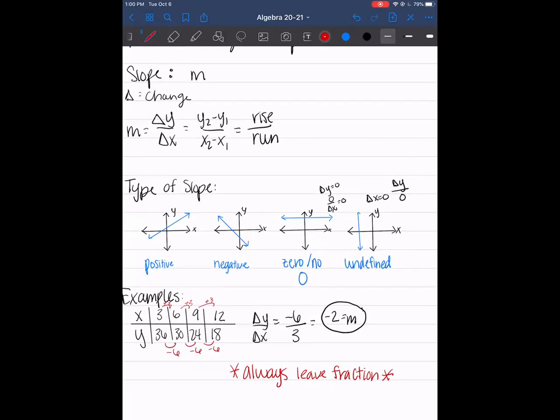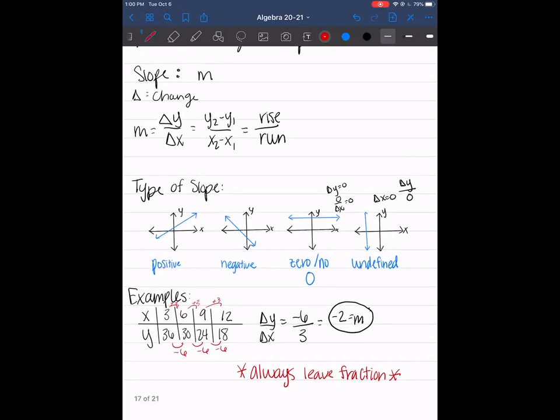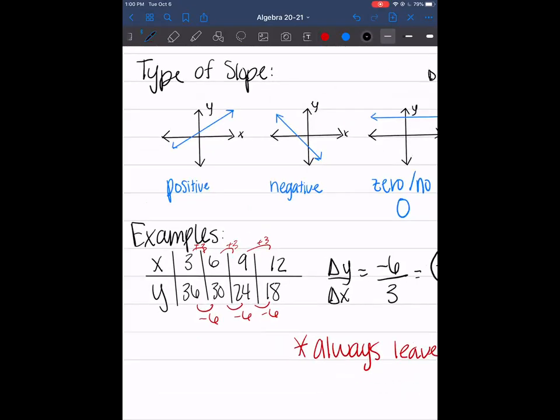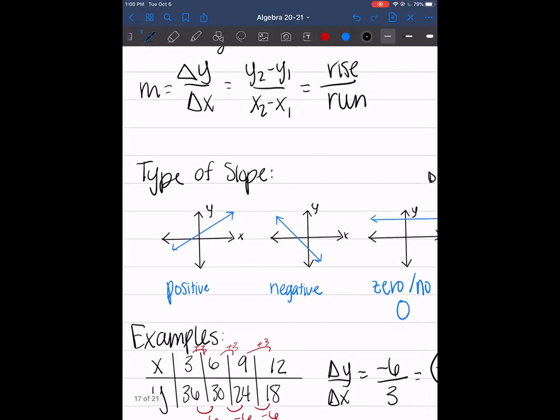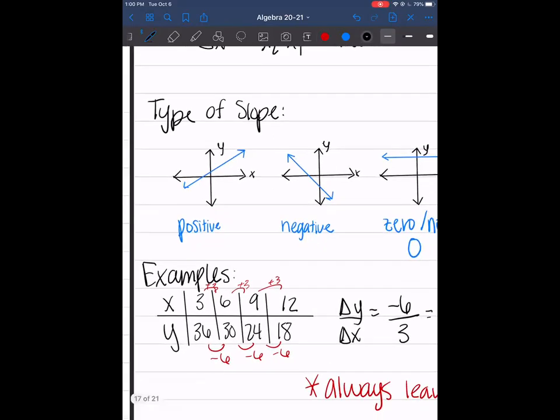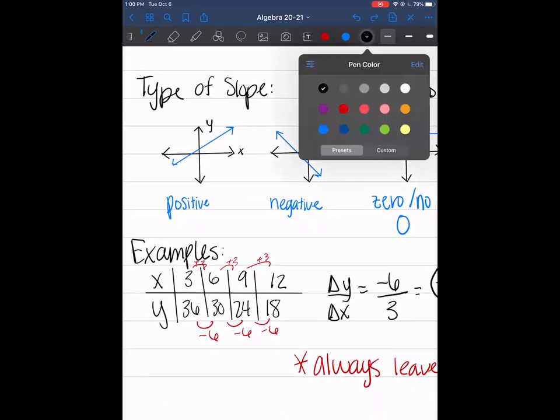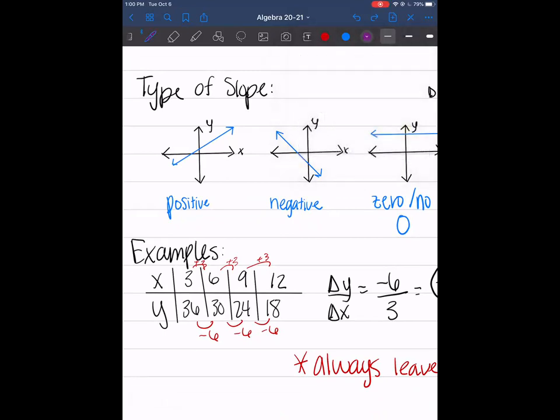Okay, so if we wanted to go ahead and do an example, I'll even use the same points because we know it's the same answer, but I'm going to use the slope formula. So I'm going to take 2 points. I'll say that this is 1. I'll do this in a different color, purple.